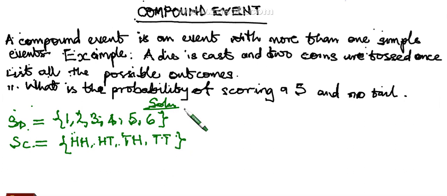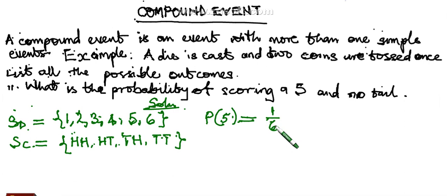Good. Now, probability of scoring a 5. So we just write P of 5 here. We can see the number 5 is occurring 1 out of all the 6 spaces. So the probability of scoring a 5 is 1 out of the 6 spaces.